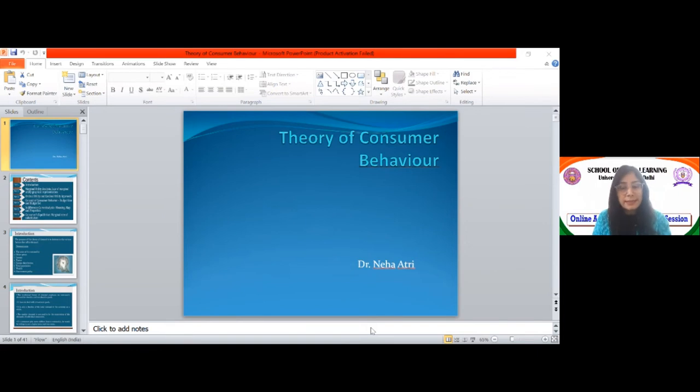We will take just 30 seconds of silence for what we lost today. Lata Mangeshkar ji has passed away. We will pay our tribute to her for just 30 seconds.